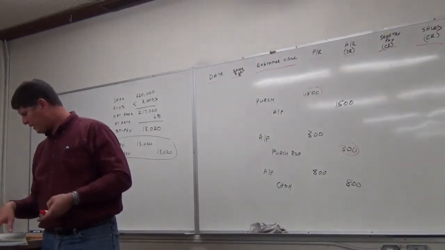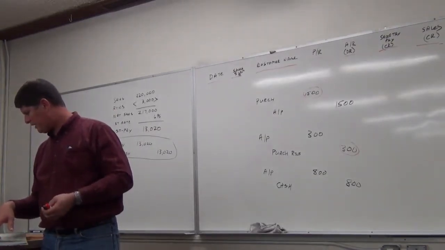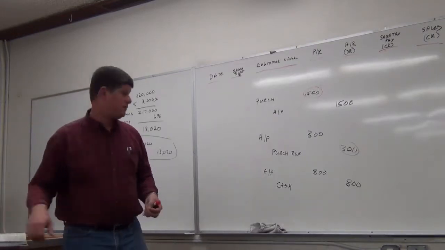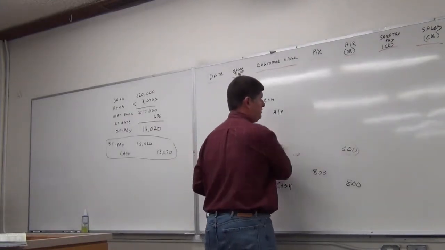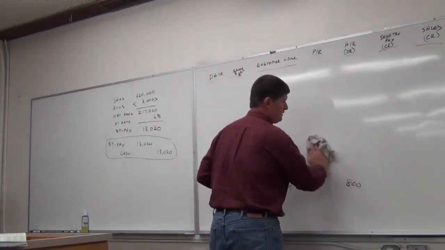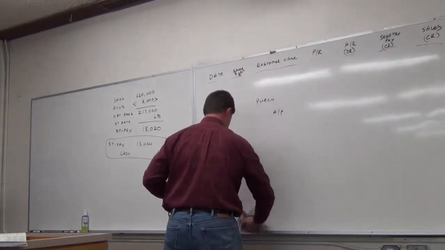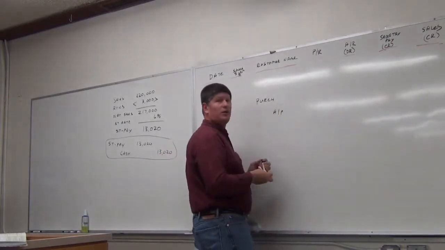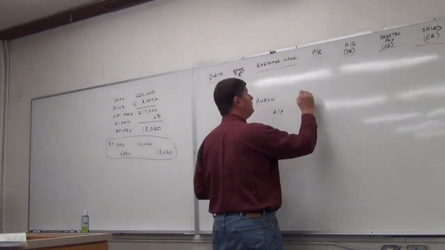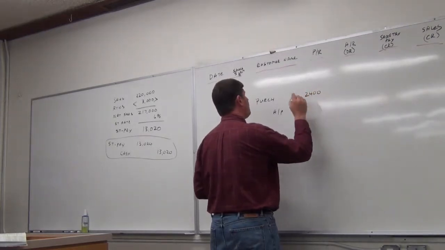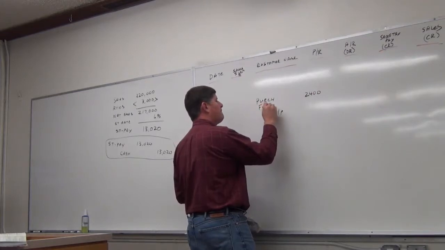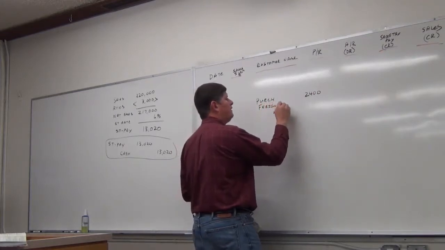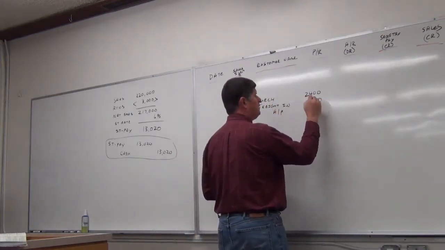Number 4, purchased merchandise for $2,400 plus a freight charge of $260. Okay, so I purchased merchandise. Debit purchases for how much? $2,400. And I have freight in for $260.